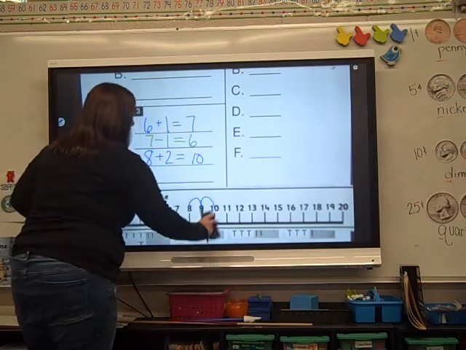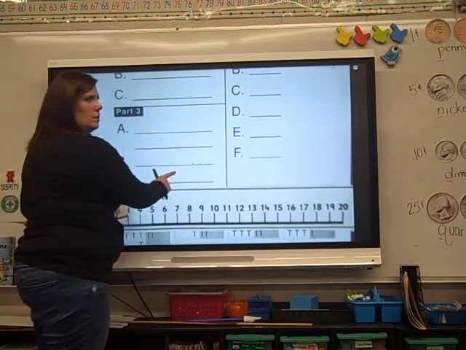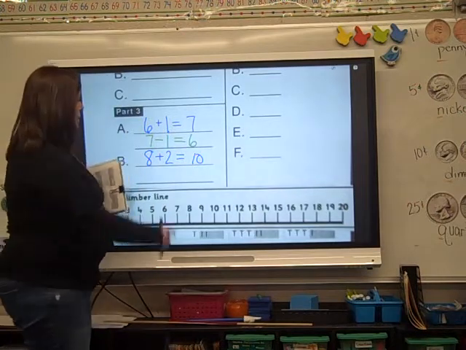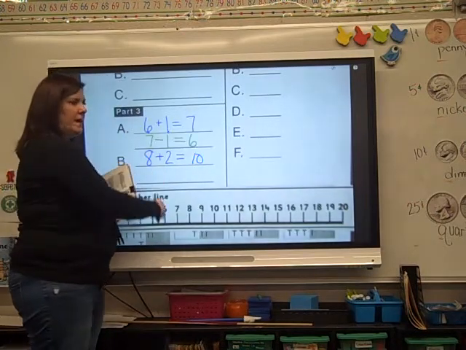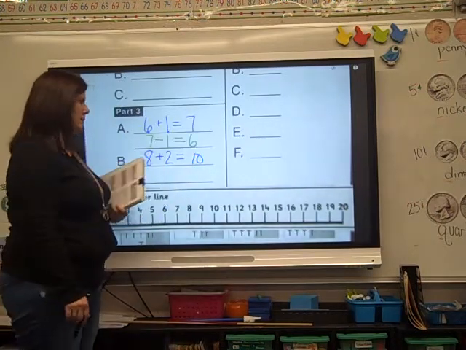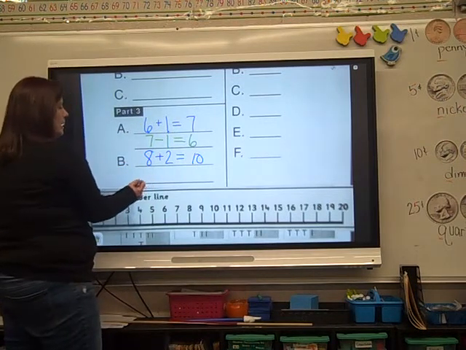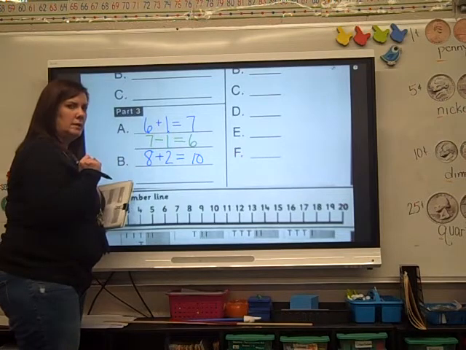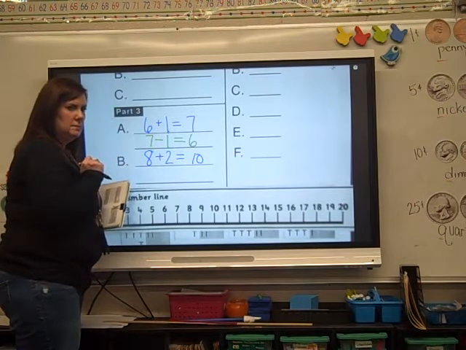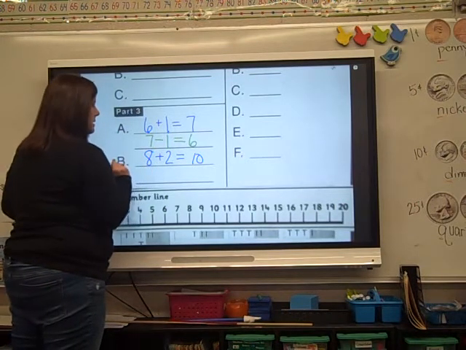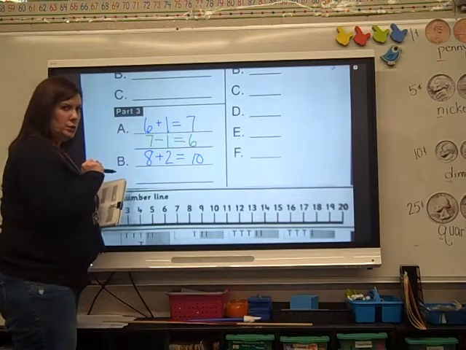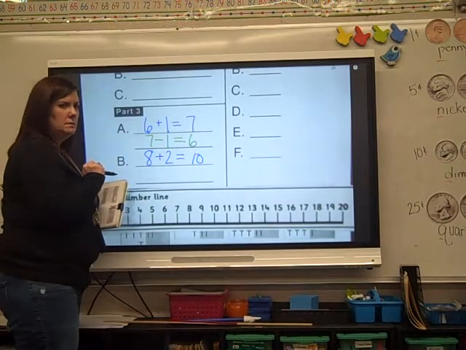All right. Now, we're going to do the related, one of the fact family facts. Okay, you ready? You write it down. A bug starts at 10 on the number line. He minuses 2 places.